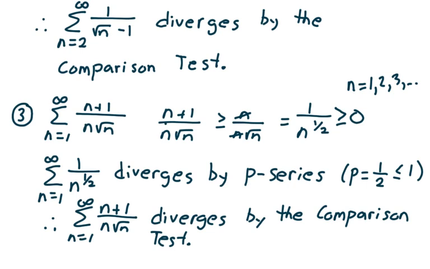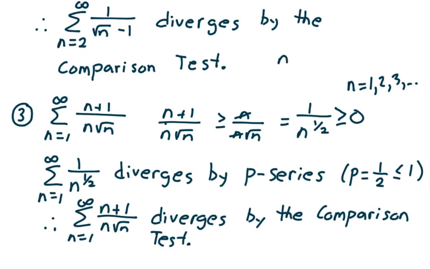On number 3, suppose we have the summation from n equal 1 to infinity of n plus 1 divided by n square root of n. Okay, now n plus 1 over n square root of n is greater than or equal to n over n times the square root of n, right?